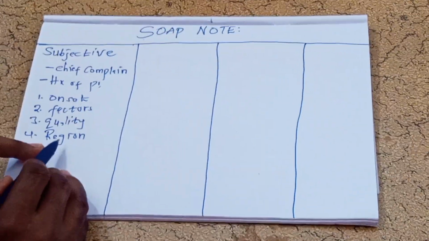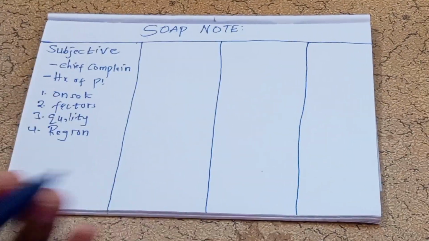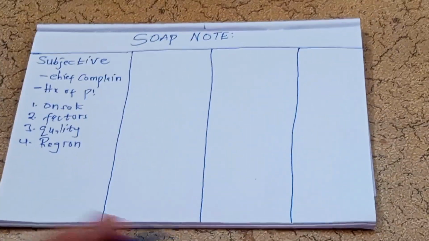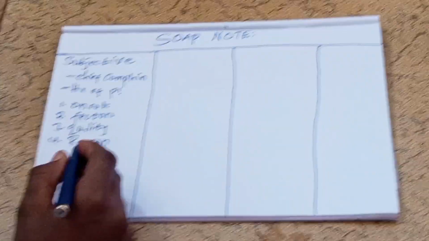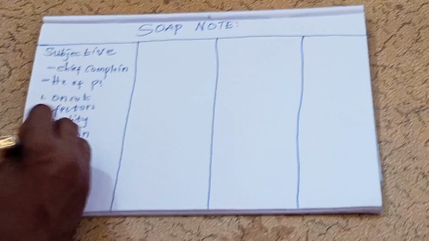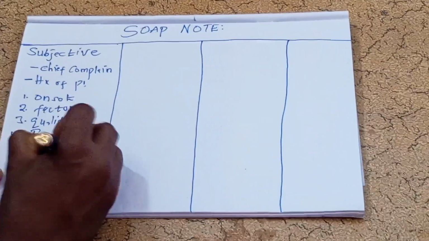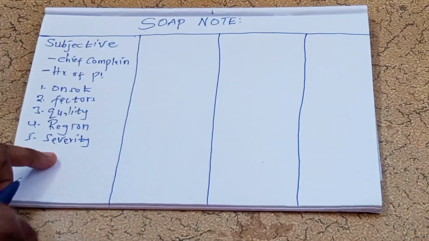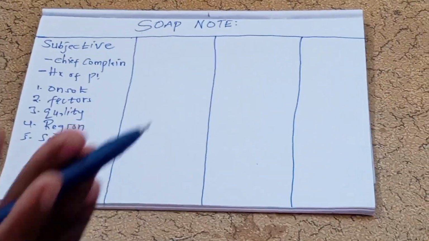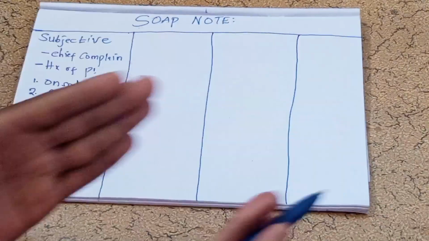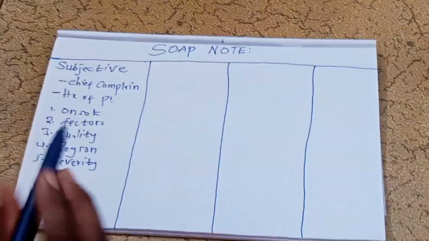So you have to identify the regions of the body that have been affected by the symptoms of the patient by doing a physical examination. You must also identify the severity of the patient's symptoms, if the symptoms of the patient are worsening or not.